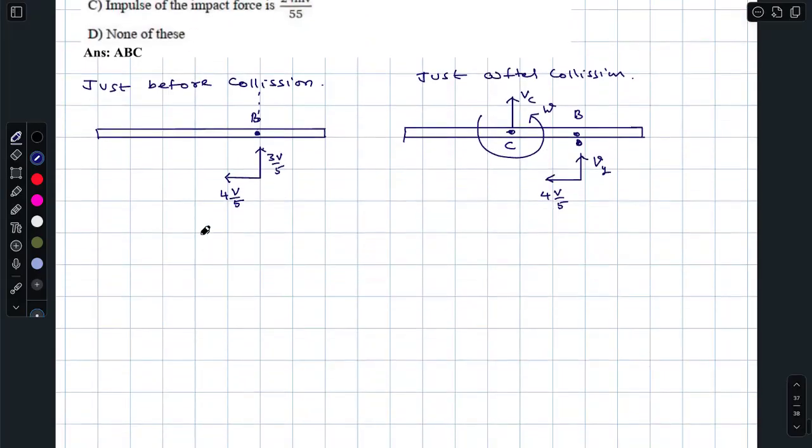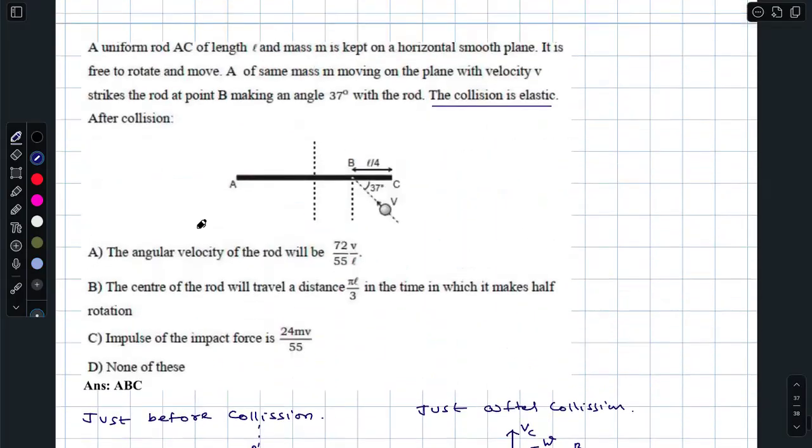Now, law of conservation of linear momentum along y direction. So the masses, I think, are the same. Both the mass m, length L, same mass m.